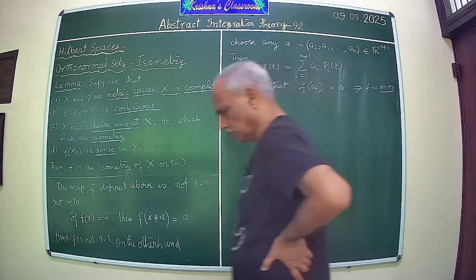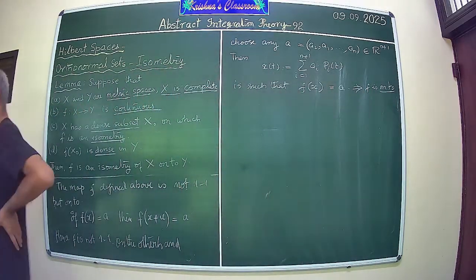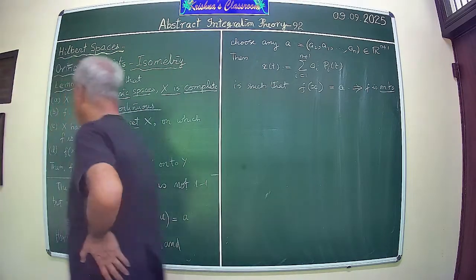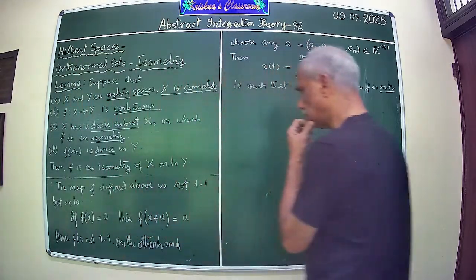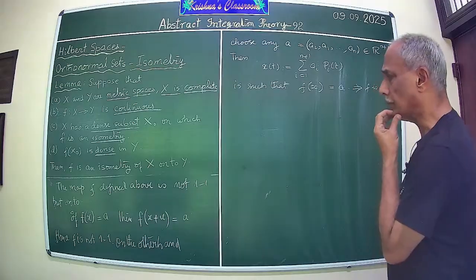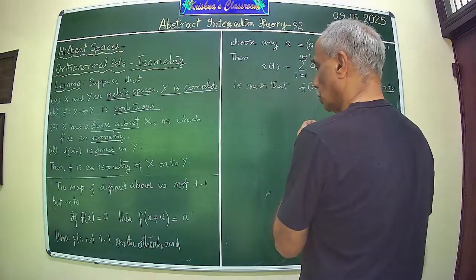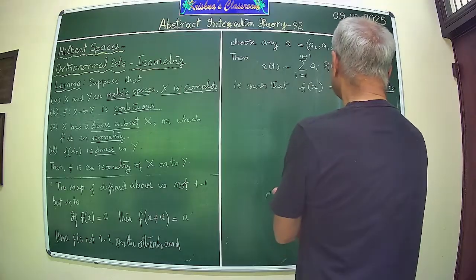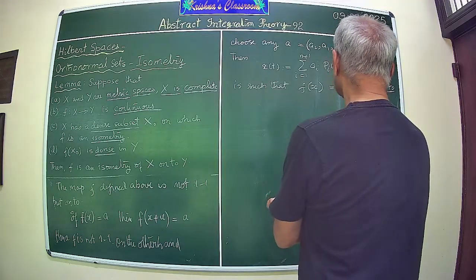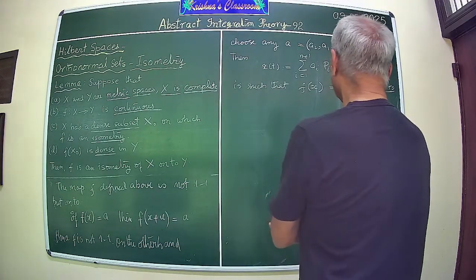So f is a map from H to M_(n+1). Okay, H to M_(n+1).